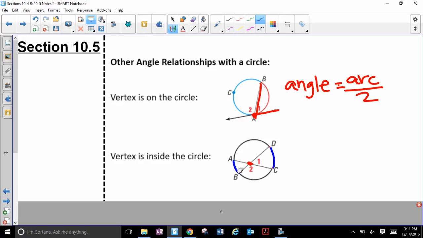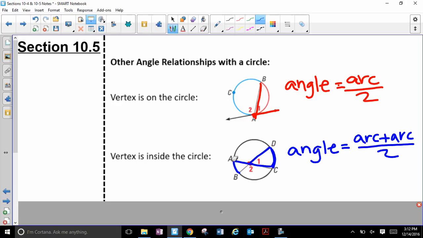So when the vertex is inside the circle, and I'm looking at angle 1, to find that angle, I average the 2 arcs. So arc plus arc divided by 2. The first arc is the arc that goes with angle 1, which is DC in my picture.